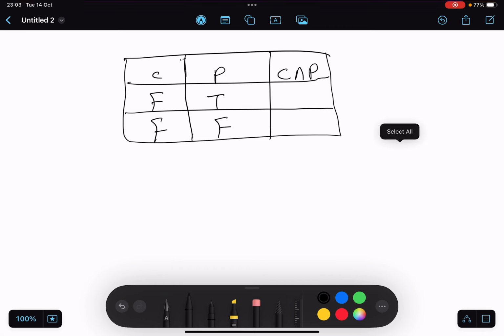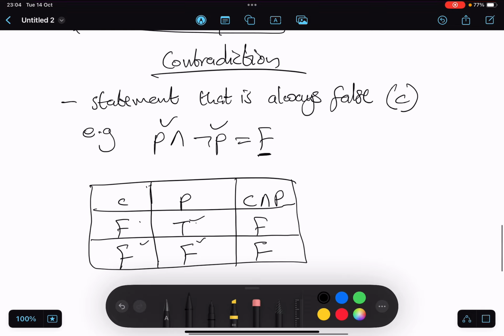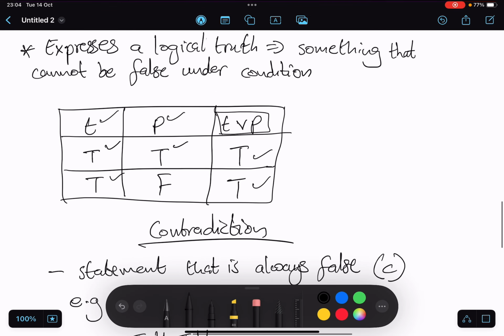With the conjunction operator, it's only true if both statements are true. But here, only one of the statements is true, which is this one, so this is going to be false. And here, both of these statements are false, so this is going to be false also. So this is how we can evaluate the contradiction principle using the truth table.